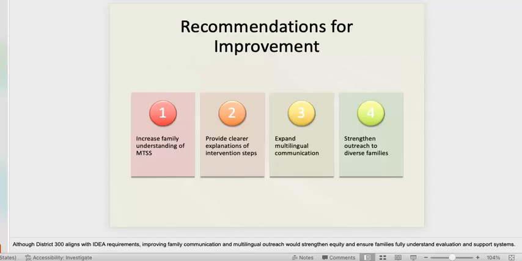Second, schools could expand multilingual communication and culturally responsive outreach to ensure that families from diverse backgrounds fully understand evaluation procedures and student rights. Improving communication and transparency would help families participate more effectively in educational decision making.